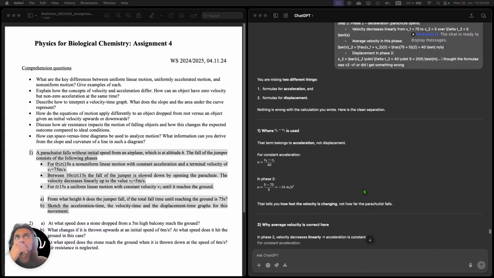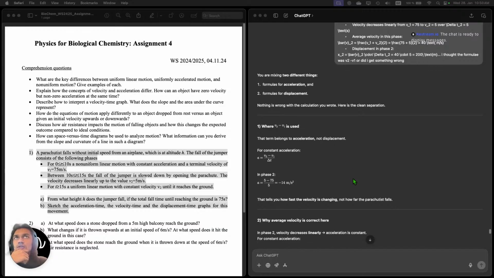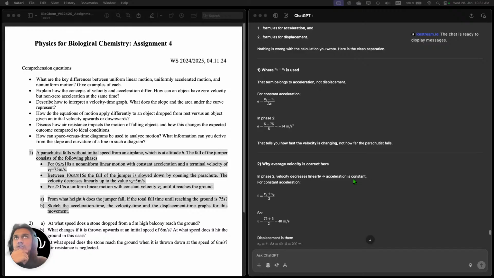You are mixing two different things: the formula for acceleration and the formula for displacement. Nothing is wrong with the calculation you wrote. Here's a clean separation. V2 minus V1 belongs to acceleration, not displacement. Constant acceleration describes how velocity is changing, not how far the parachutist falls.